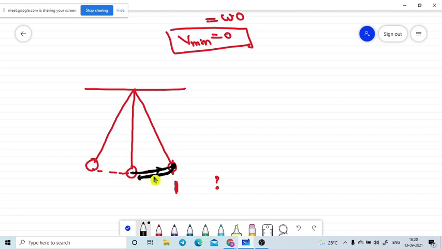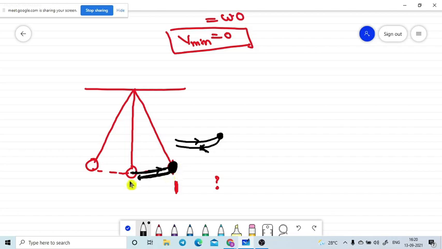My conclusion is that at the maximum displacement point, the velocity of the particle must be 0, because the direction of the velocity changes from left to right and again from right to left. So it is a turning point. At the turning point position, that is the maximum displacement position, the velocity of the particle must be 0.